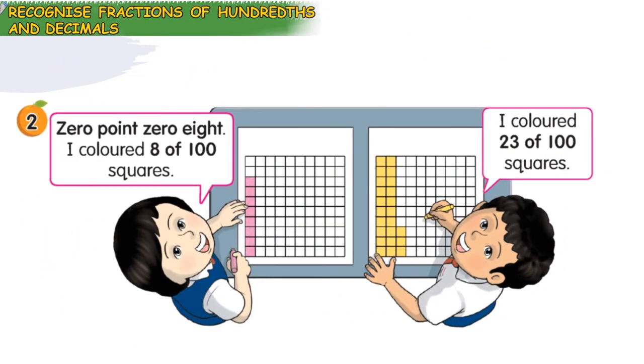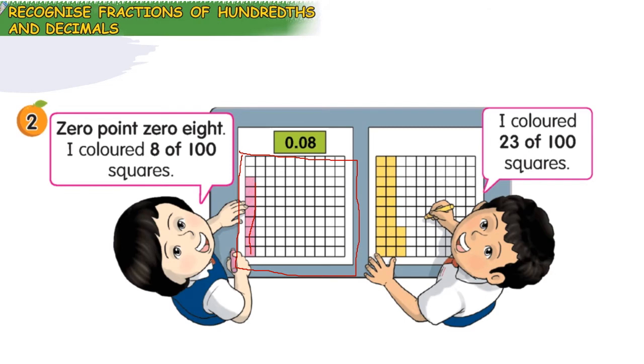Our next picture again shows a girl and a boy. The girl said, "0.08. I colored 8 of 100 squares." Okay, this one is a 100 square grid. 8 out of 100.